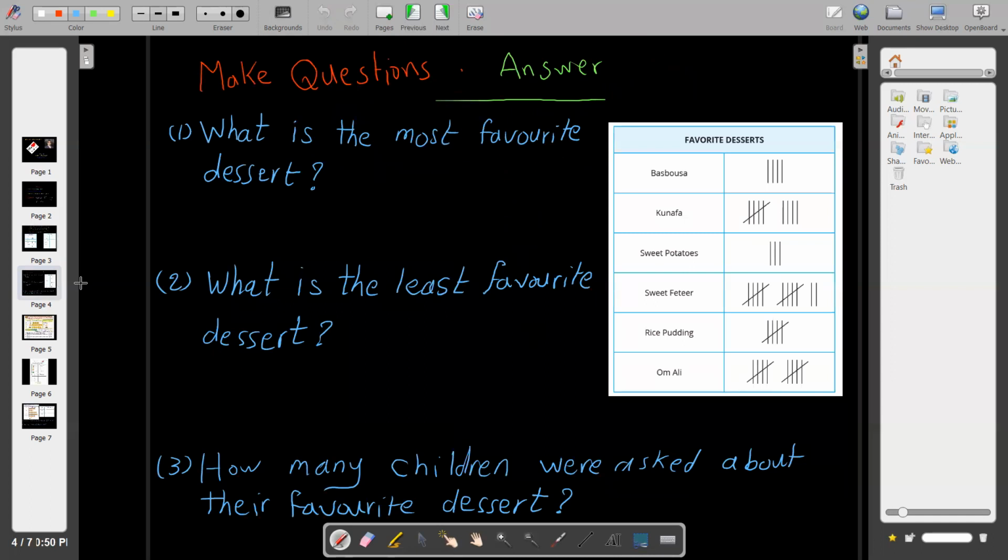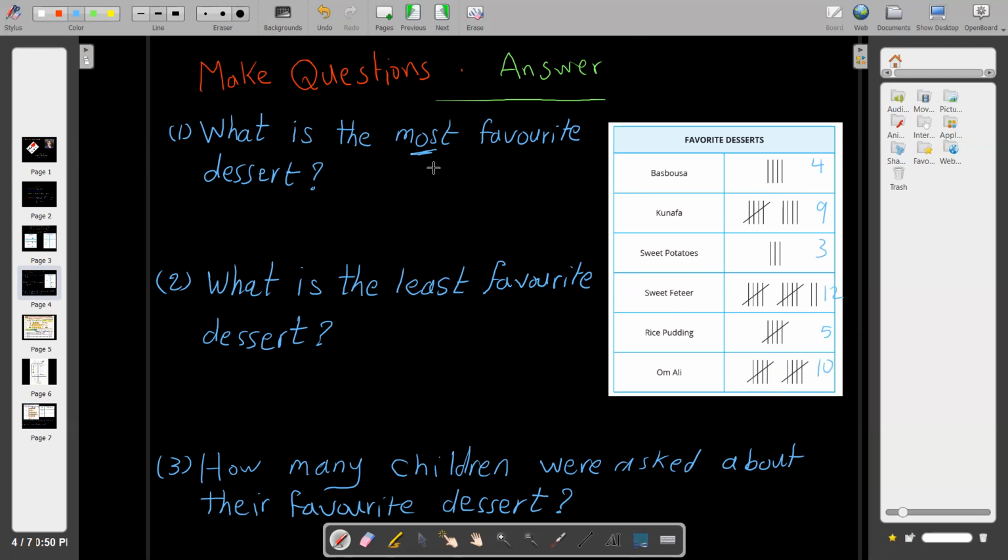I have prepared some questions for you about this graph. The first one: what is the most favorite dessert? What is the greatest number of children who love a dessert? If we look here, this is 4, this is 9, this is 3, 12, 5, and 10.